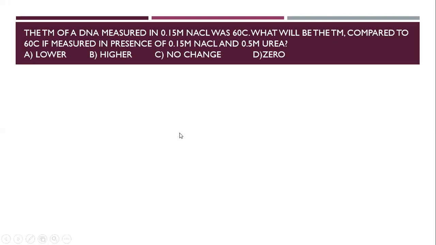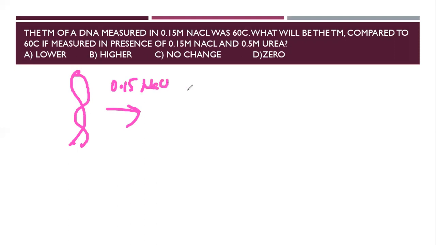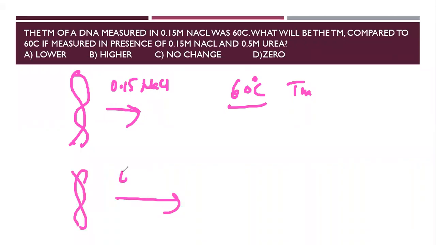DNA is there. If you have DNA like this, you have added 0.15 NaCl, you got 60 degrees as Tm. Again, DNA is there, and along with 0.15 NaCl, you have added 0.5 molar urea.